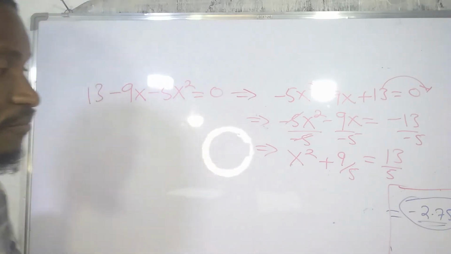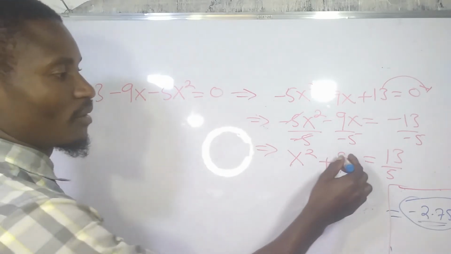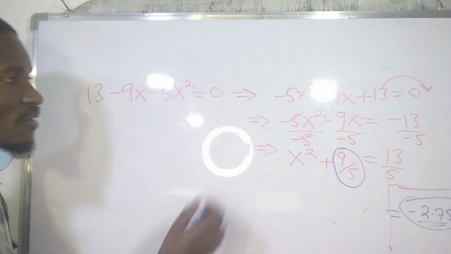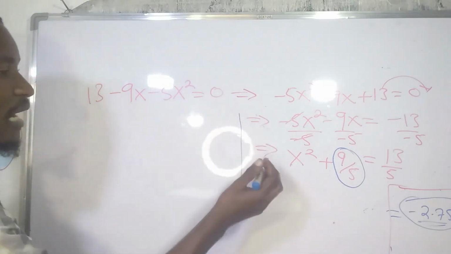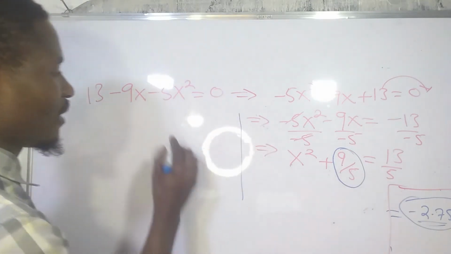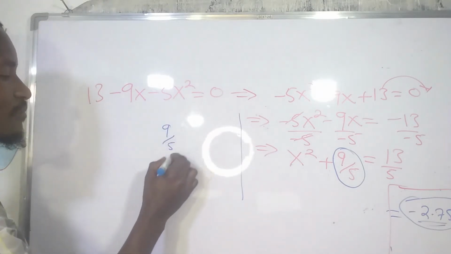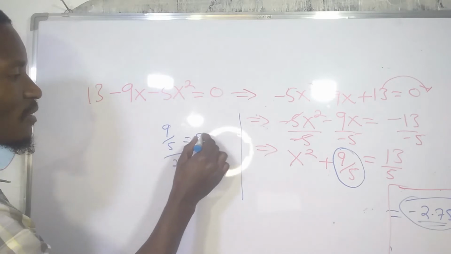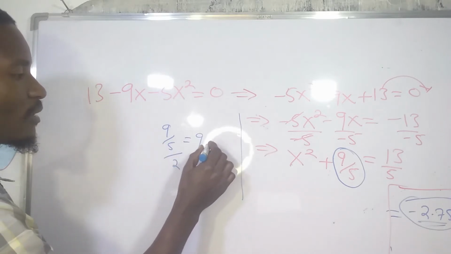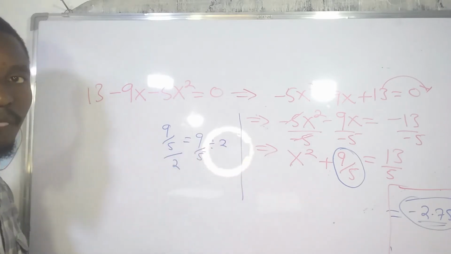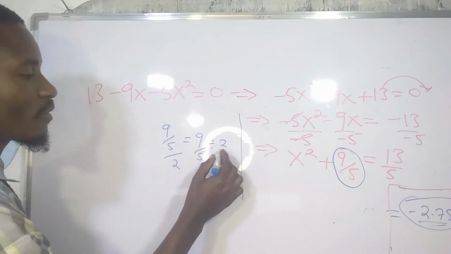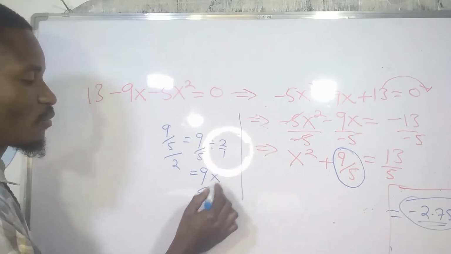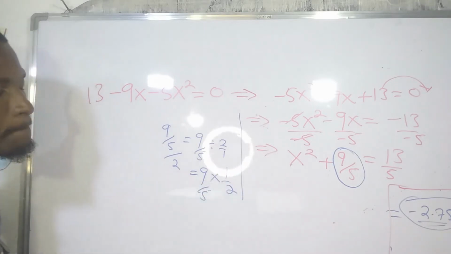Now from there, what you do is you find half of 9 over 5. So to do that, half of 9 over 5 is 9 over 5 divided by 2. Okay, so this is 9 divided by 2, which is over 1, and then 9 divided by 2 is multiplied by 1 over 2.